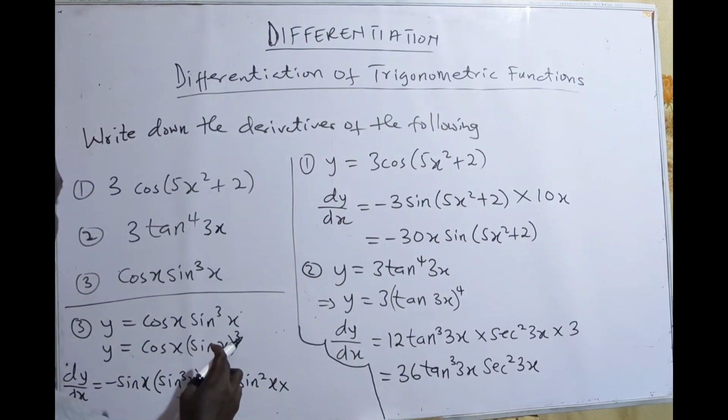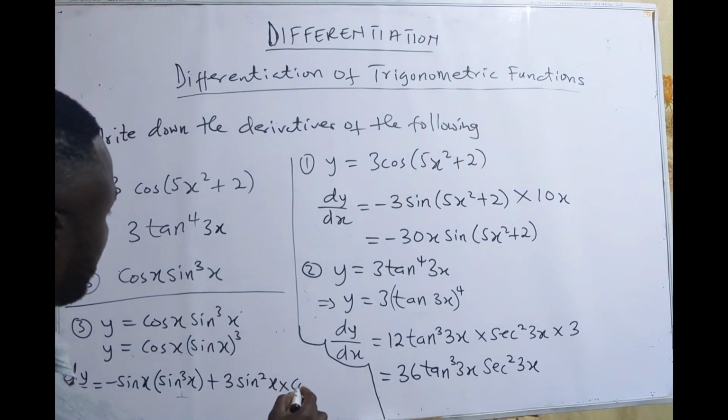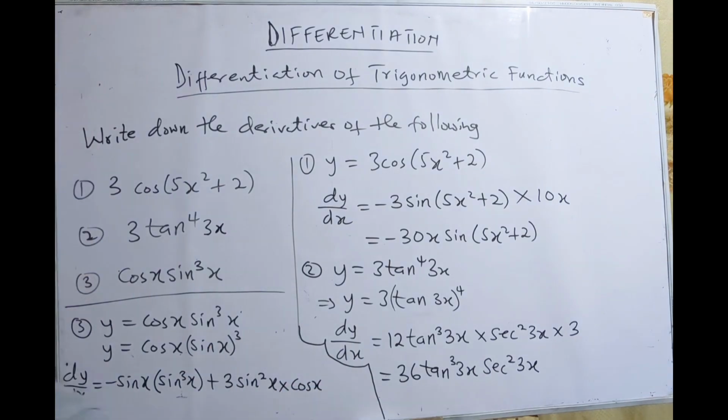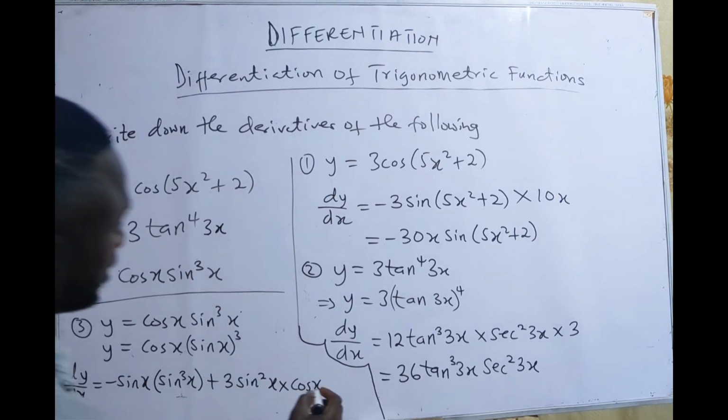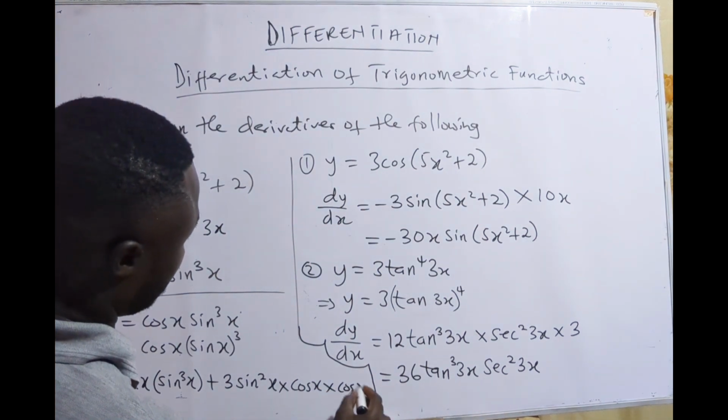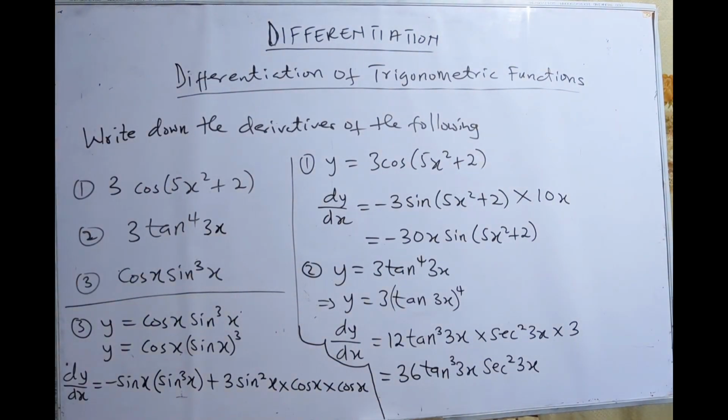So I multiply by, when you differentiate sine x, what do you get? You get cos x. So differentiation of sine x will give you cos x. Then after that, I'm done with the differentiation of sine cube of x. I'll multiply by the cos x here. I believe you understand.